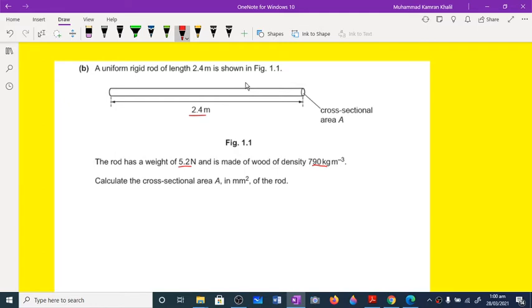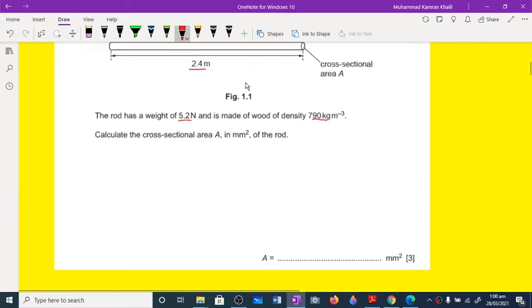The density is given, so we will start from the formula for density, which is equal to mass over volume, but the volume is always equal to the area into length in this case. So we will make the area the subject: area is equal to mass over density into length.